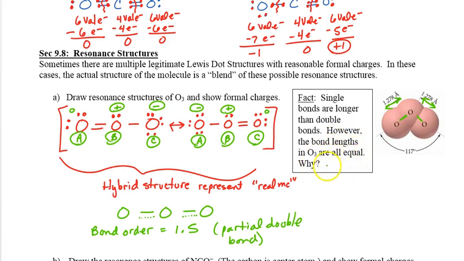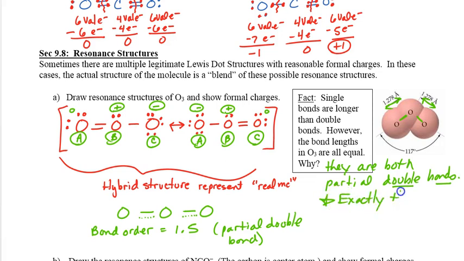Why are they equal? Because they are both partial double bonds. All right? They are exactly the same bond, right?